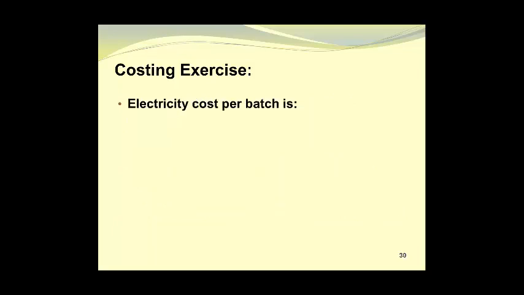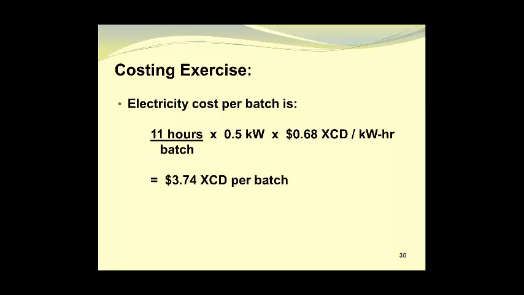So the electricity cost per batch will then be 11 hours per batch times 0.5 kilowatts times 68 cents per kilowatt hour. And this then tells us that it will cost us $3.74 in East Caribbean currency per batch for the electricity.